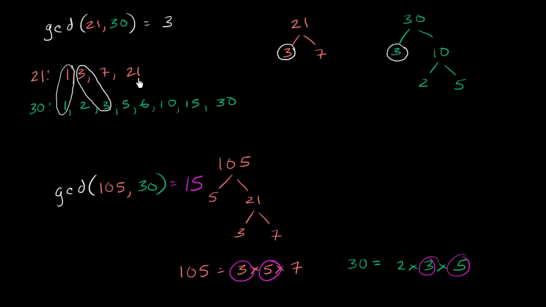You could just list out the traditional divisors or factors and figure out which of those is common and is the greatest. Or you can break it down into its prime factors, and then figure out what is the largest set of common prime factors, and the product of those is going to be your greatest common factor. It's the largest number that is divisible into both numbers.